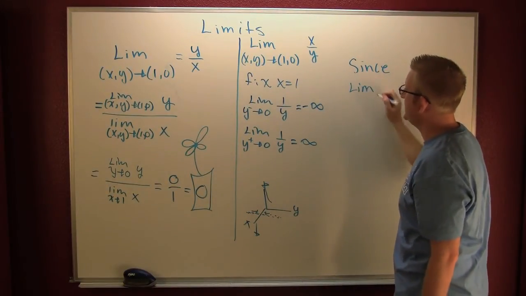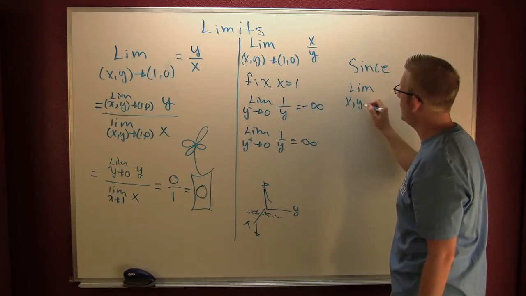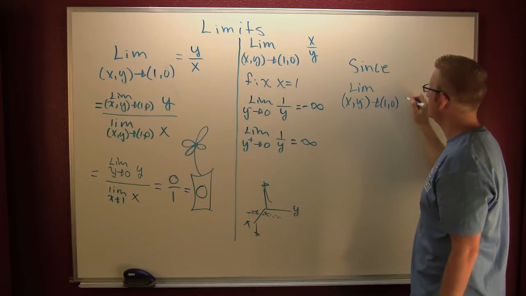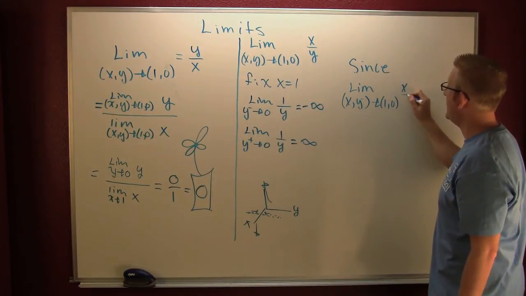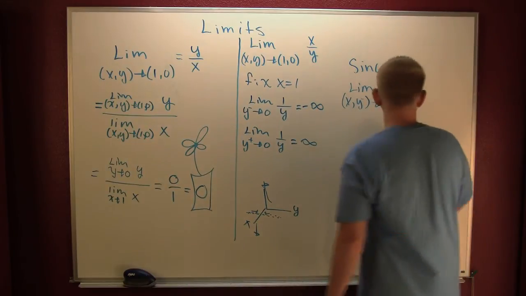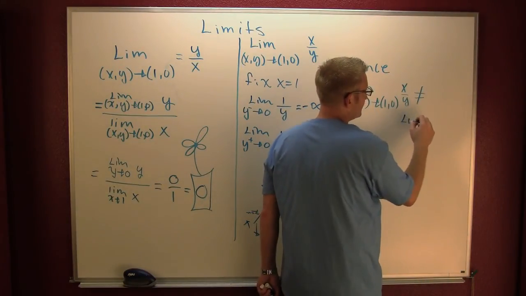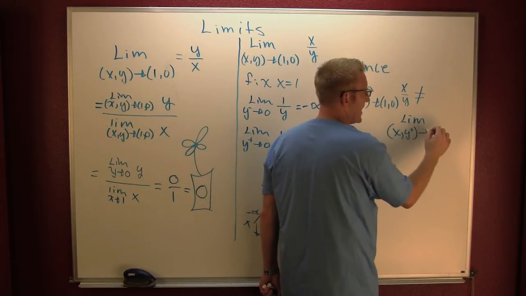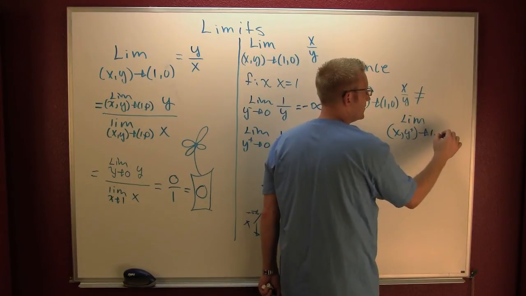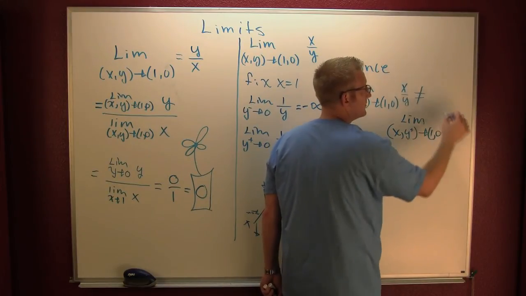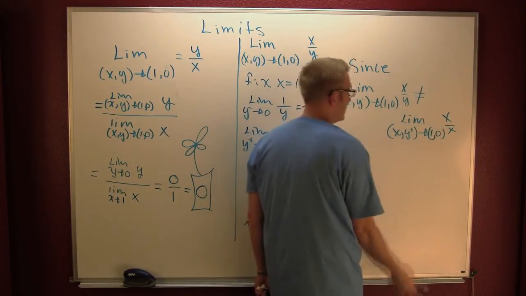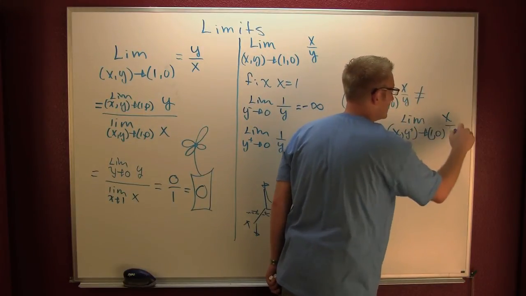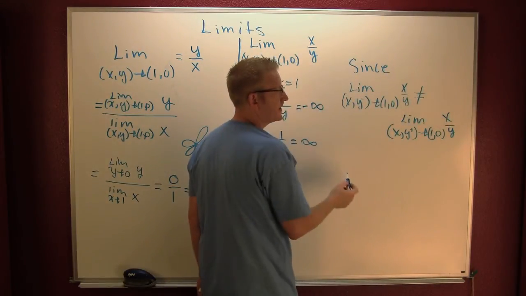And since the limit x, y from the left as it goes to 1, 0 of f of x, y does not equal the limit x, y from the right, as that goes to 1, 0 of f of x, y, which is x over y in this particular instance.